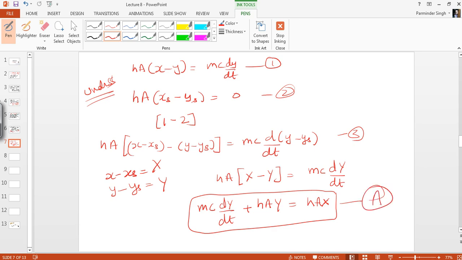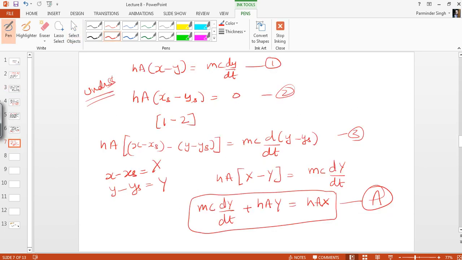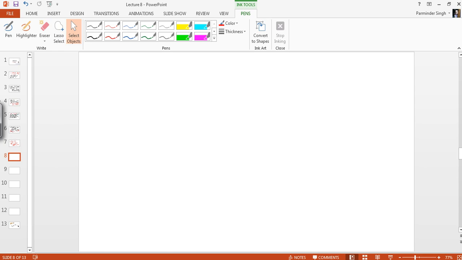Clear? Similar to what we had initially, that is equation A. So the thermometer dynamics is also first order. Now taking the Laplace of equation A. Before that, we know that it is mC dY/dt plus HA Y equal to HA X.